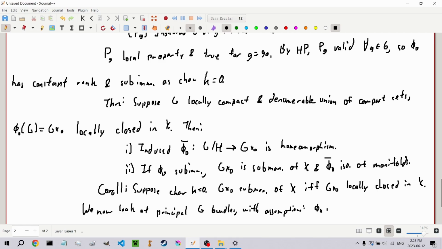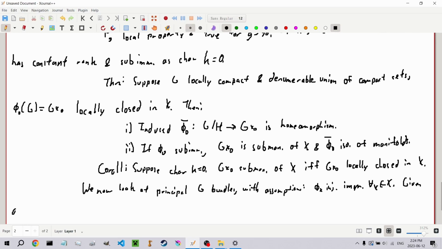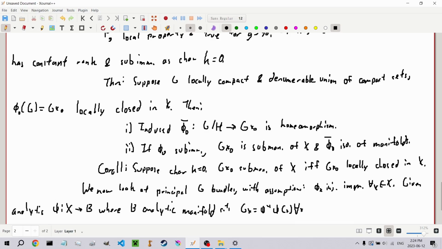First off, phi x is an injective immersion for all x in X. And secondly, given an analytic map psi from X to B, where B is an analytic manifold such that Gx is psi inverse of psi of x for all x in X, and that psi is surjective.